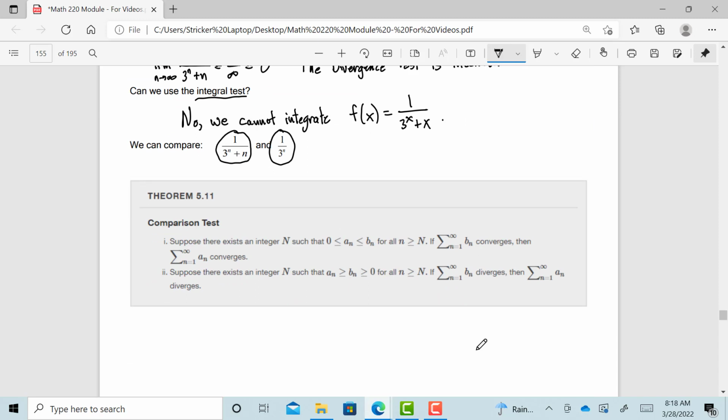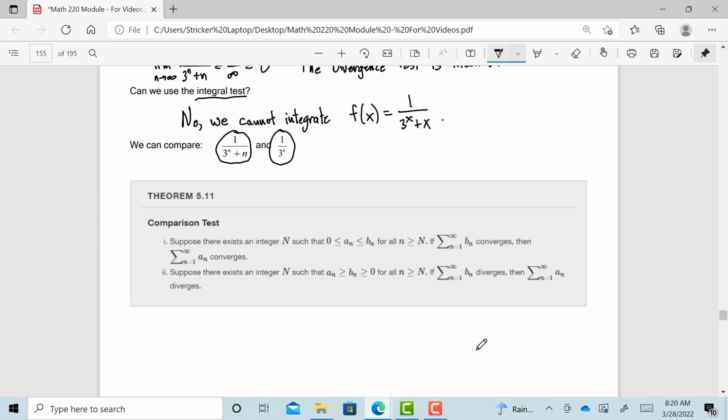Theorem 5.11 says, suppose there exists an integer N such that a sub n is greater than or equal to 0, but less than or equal to b sub n, for n greater than or equal to N. If the series of b sub n converges, then the series of a sub n also converges.